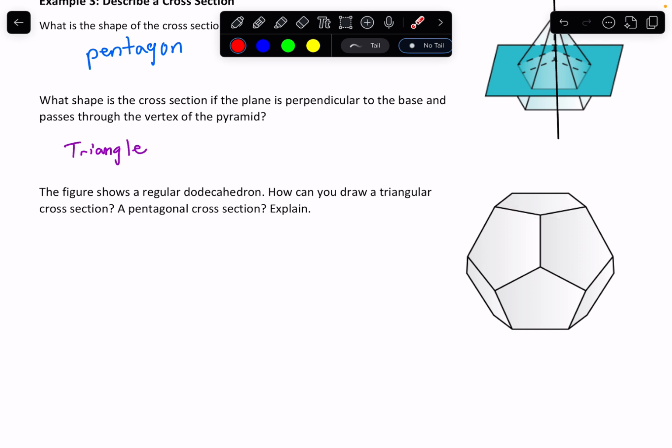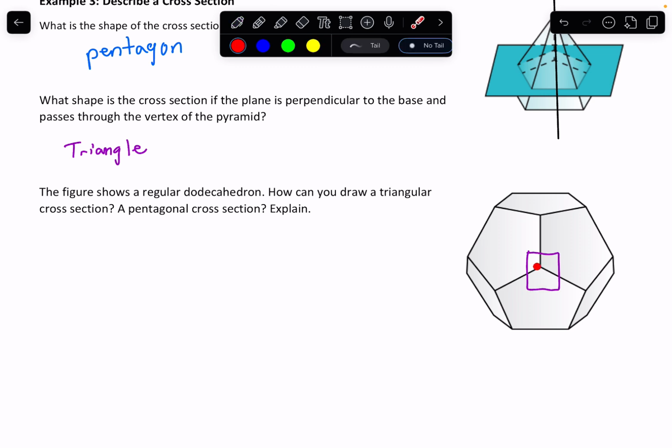We're asked, what could I do if I needed to draw a triangle cross-section into this shape? It's kind of hard to think about with a shape that's as big and as complex as this one. But we can think small. What if I took a little knife and made a slice right here, and I just sliced off this corner?